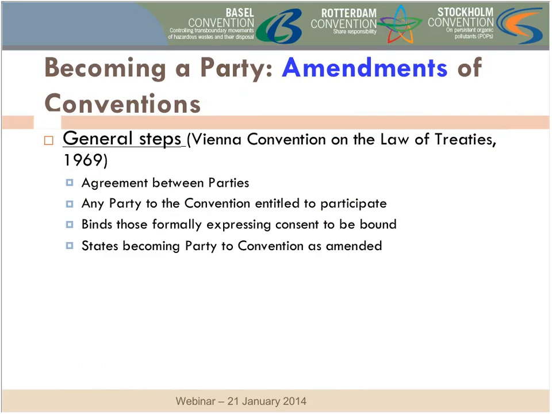So how does that apply in terms of amendments and looking at the specificities of, in particular, the ban amendment? Just going back to the mandate we talked about at the start of the webinar. The general steps, as you can see here, would be that for an amendment to a convention to be adopted, there'd have to be agreement between the parties.